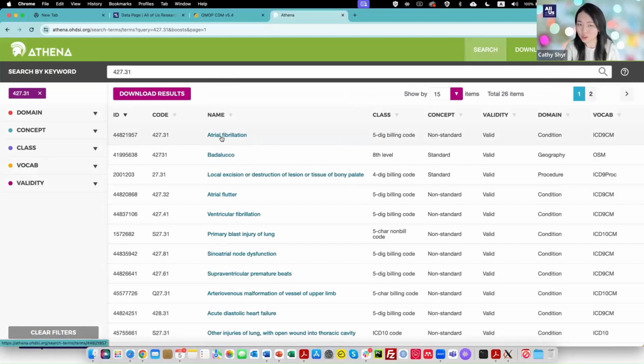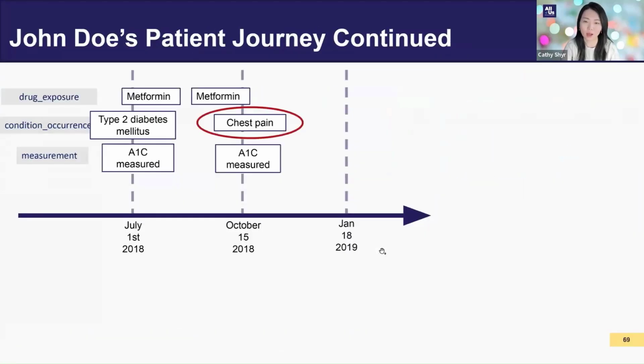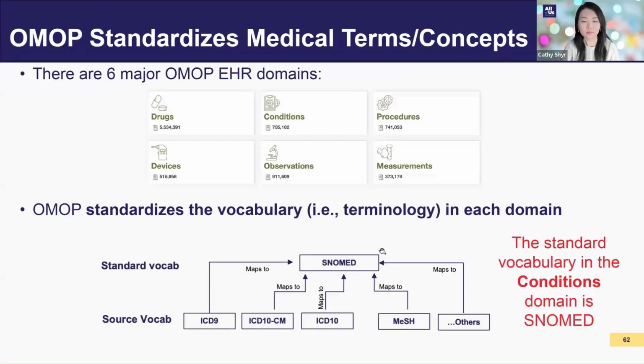But in the second question, I was asking everyone to find the standard concept ID, right? So remember, if we go back to the slides and we think about here, we have a source vocabulary and that gets mapped to a standard vocabulary, right?